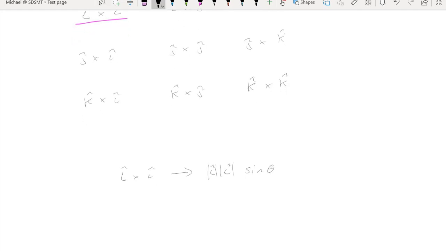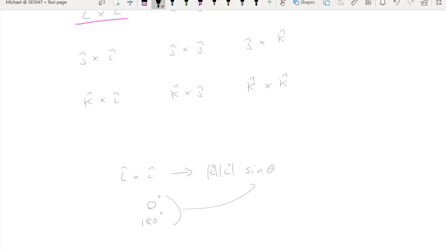And when it comes to 2 vectors that have components in the i hat direction, there's only 2 possibilities. Either these are running parallel to each other, in which case the angle would be 0 degrees, or they're running anti-parallel to each other, in which case the angle is 180 degrees.